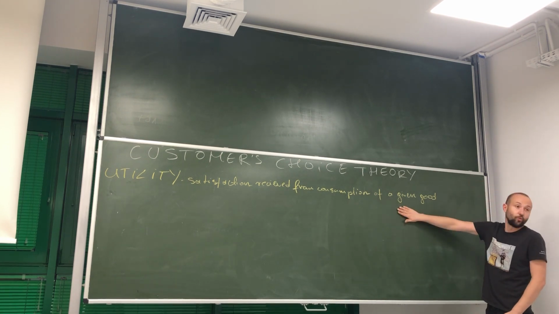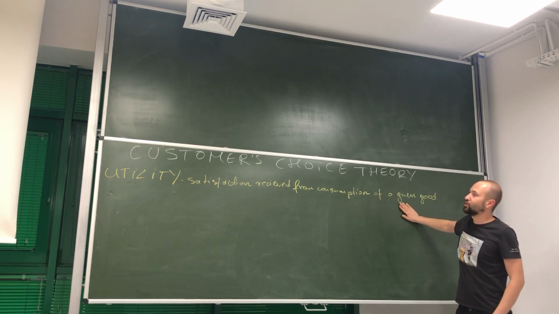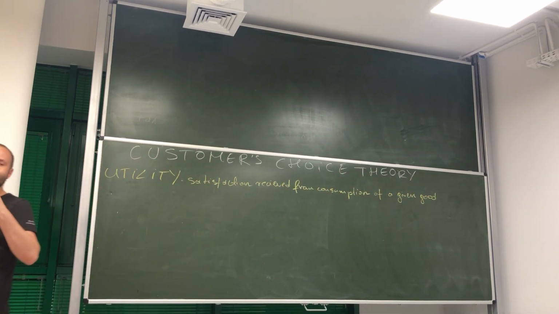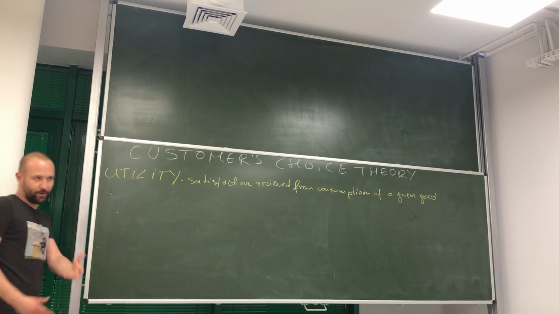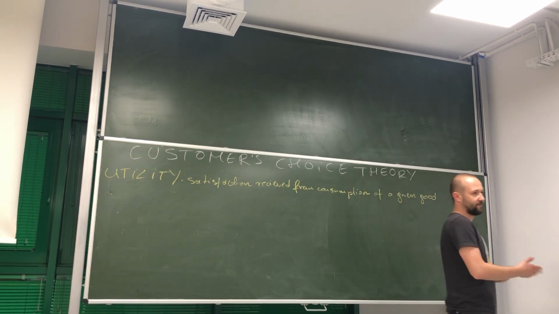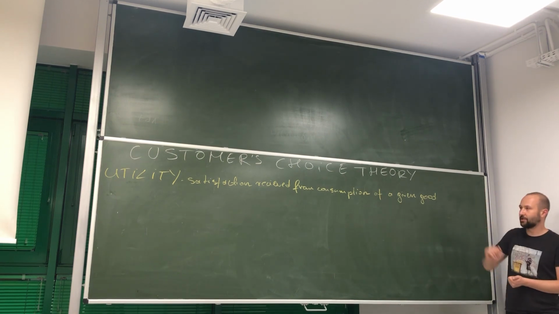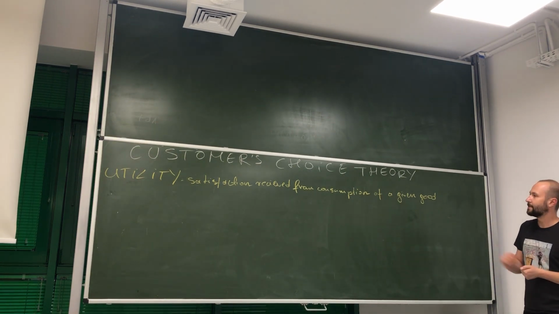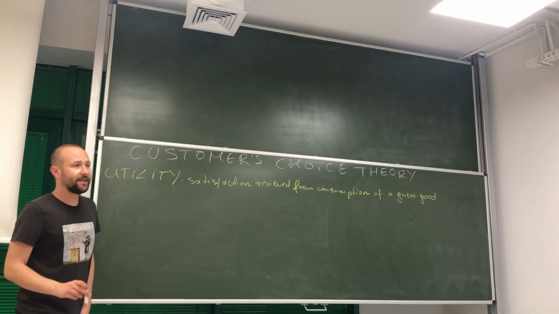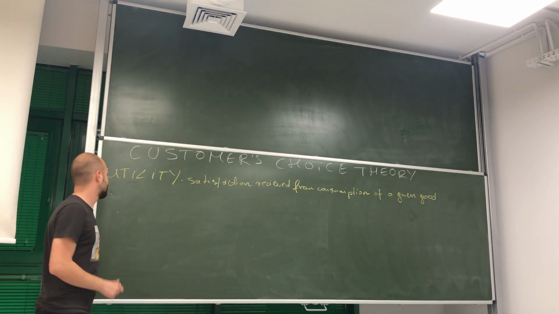And so we're going to call this utility. So imagine that now we can measure how happy somebody is because of the consumption of some good, and we measure this happiness in terms of utility. Okay, but again, let's put more precision into it.